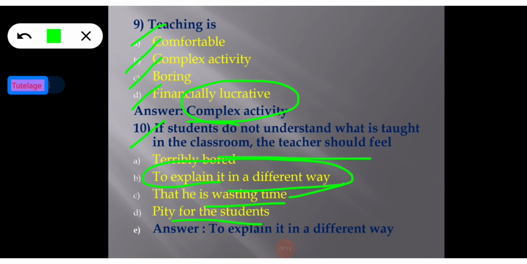So teachers have different types of teaching methods, teaching techniques, teaching processes. So if students don't understand what is taught by the teacher in the classroom, obviously the teacher should explain that portion, that content, that topic, in a different way, using different types of technologies and teaching aids.